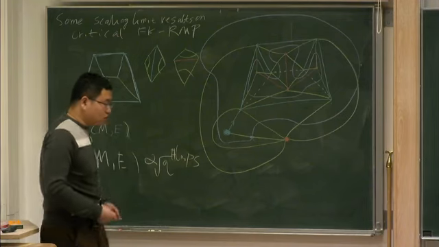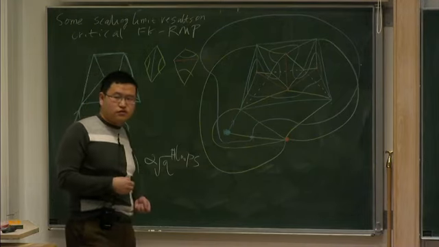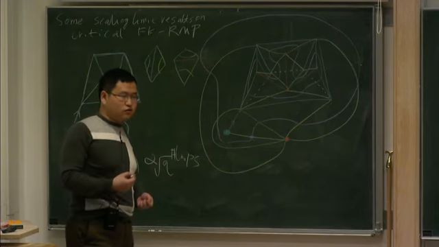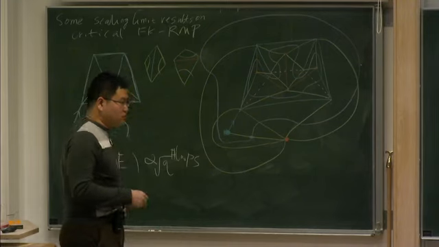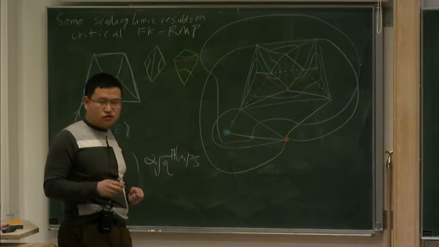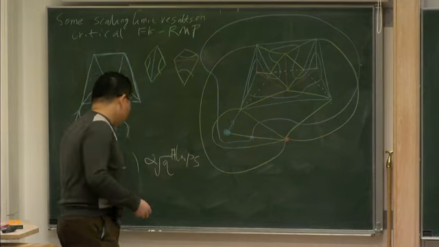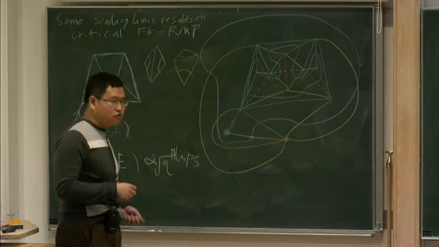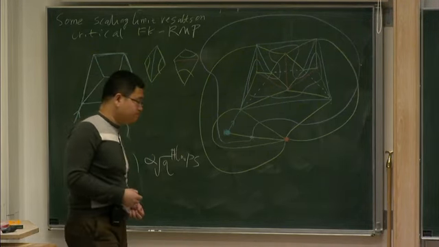you can see that conditioned on M, the conditional distribution of E is a critical FK cluster model on top of M. And if you consider the marginal law of M, it is given by the partition function of the critical FK cluster model. This particular random object is called the critical FK random planar map.